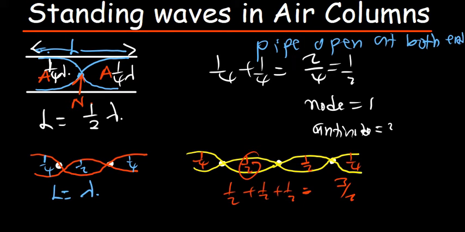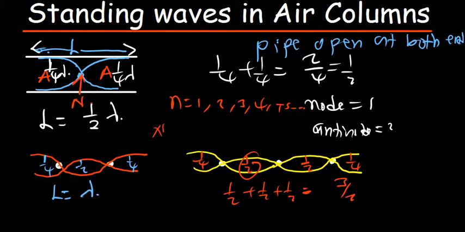The only difference with the normal standing wave is the node and the antinode, but we'll still have n equal to 1, 2, 3, 4, 5, and they'll keep on going. If the pipe is open at both ends, we have node equal to 1, antinode equal to what? The formula is going to change.